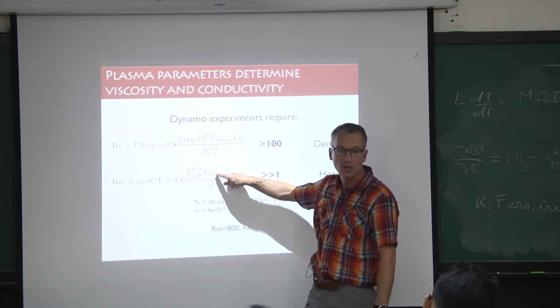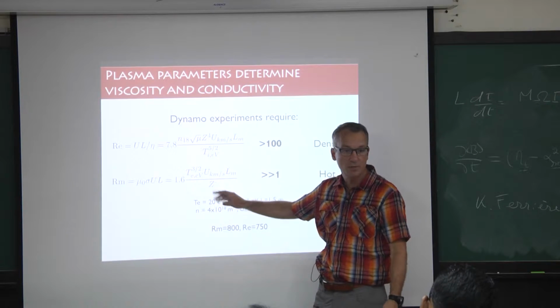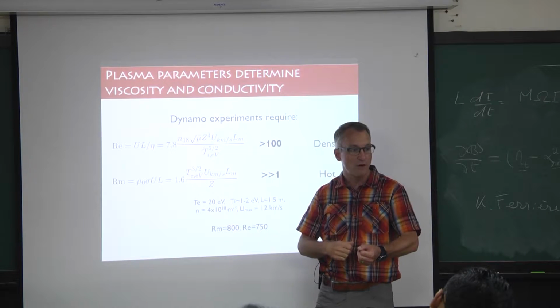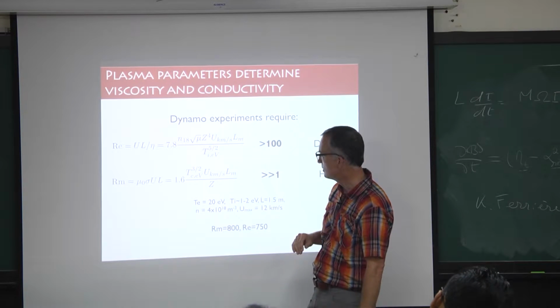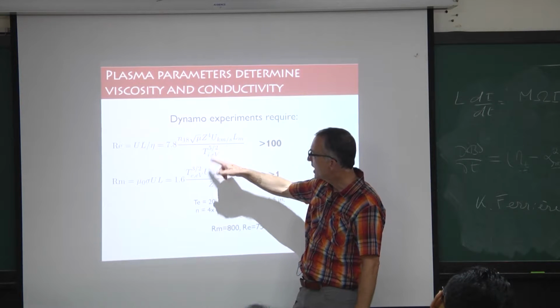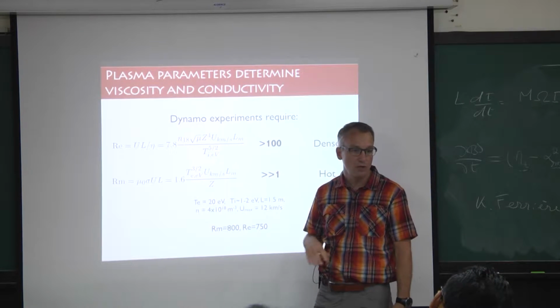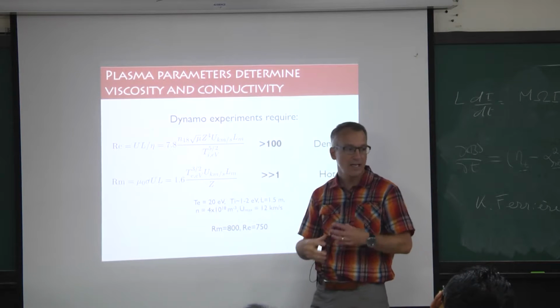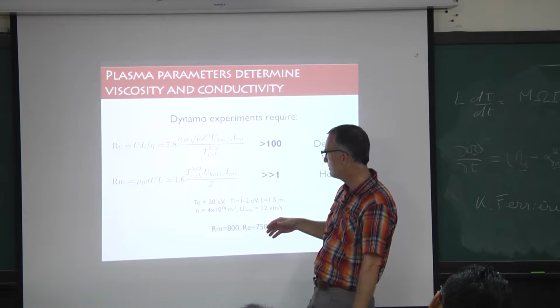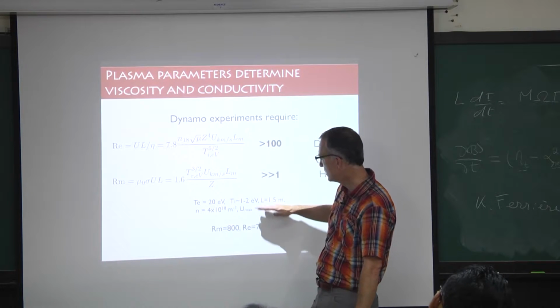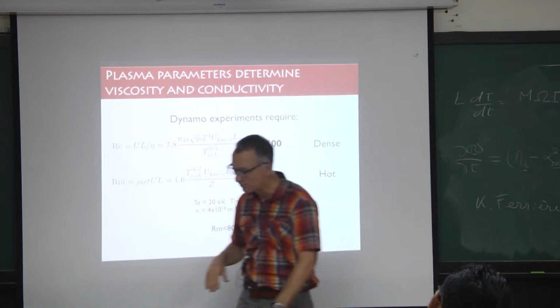Flow speeds are usually on the order of 10 kilometers per second. We can make plasmas flow very fast. And this makes it possible to get these big values, okay? The electron and ion temperature are often not the same. Usually the ions are much colder. The plasma is not in thermodynamic equilibrium in that sense. And so these are the sorts of numbers that we're talking about.